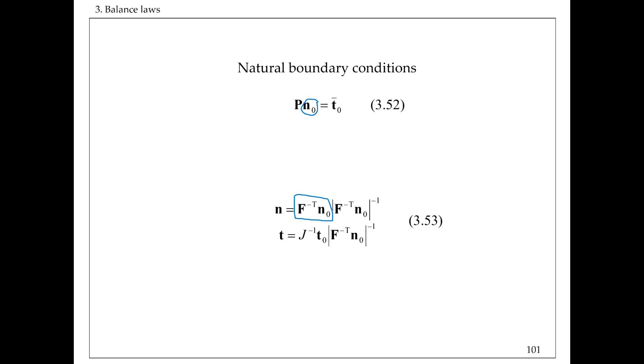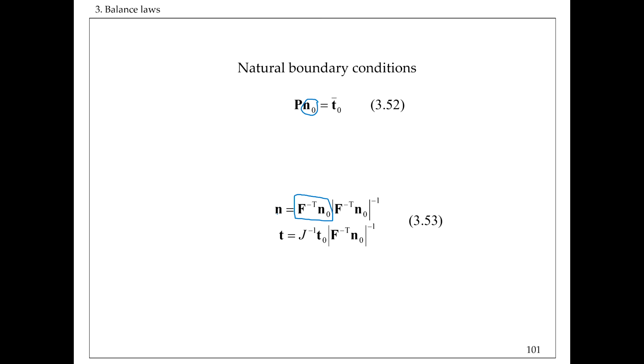But that would make n, the normal vector in the deformed configuration, a vector that in general is not a unit vector. The length of that can change, because F can also change the length of the vector when it acts on n0.